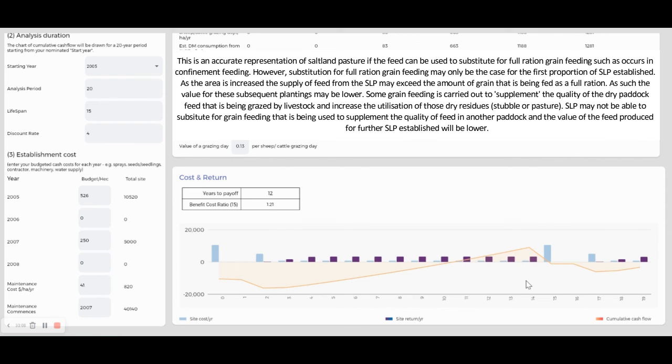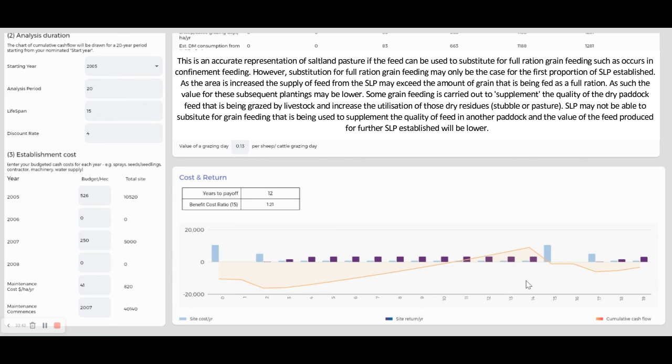So it's likely that the first area of Saltland pasture that you establish will be well represented by these calculations, because there will be times during the year where you are offering animals a higher proportion of their diet as supplement, and you could use the Saltland pasture to substitute for that supplement.